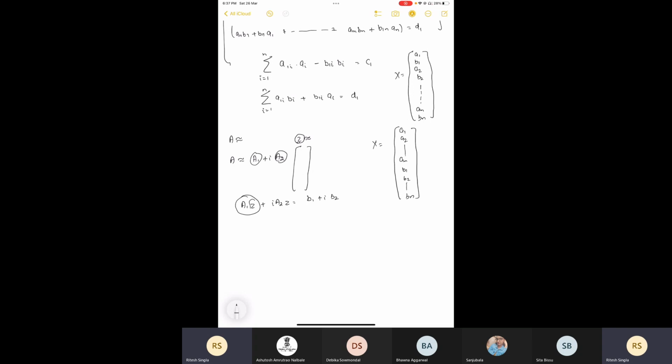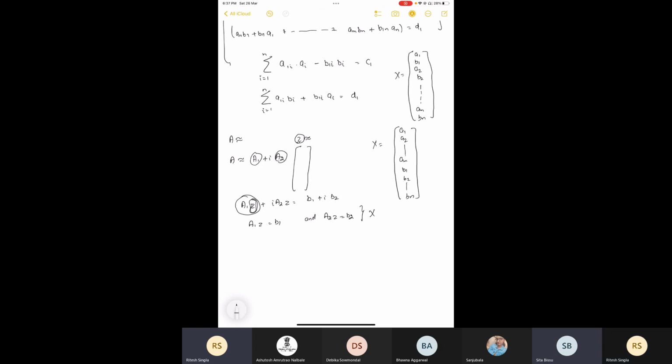You can't say, because you have complex entries here. So you can't really say A1Z should be B1 and A2Z is equal to B2. This is completely wrong. Is this what you were suggesting, or am I mistaking something?